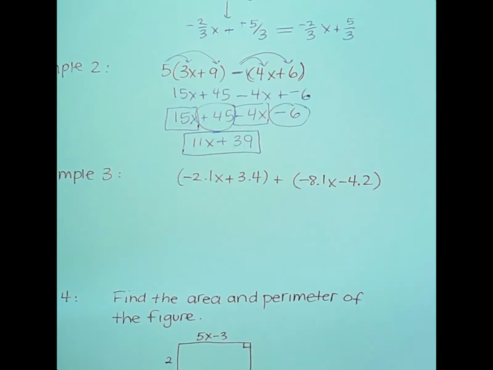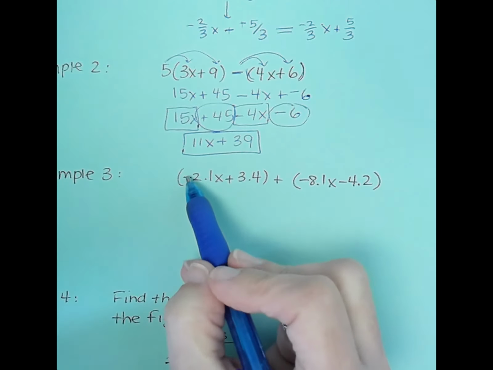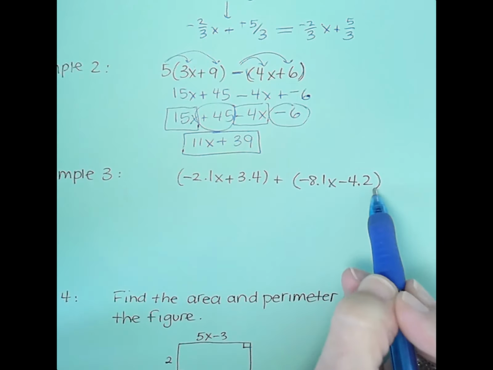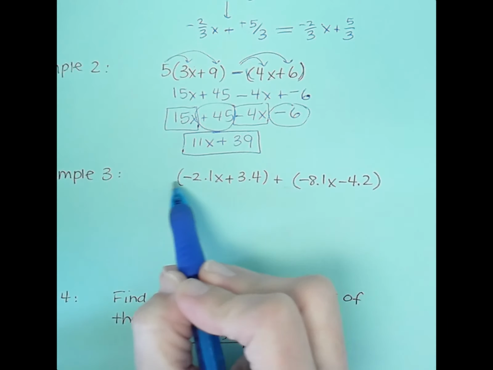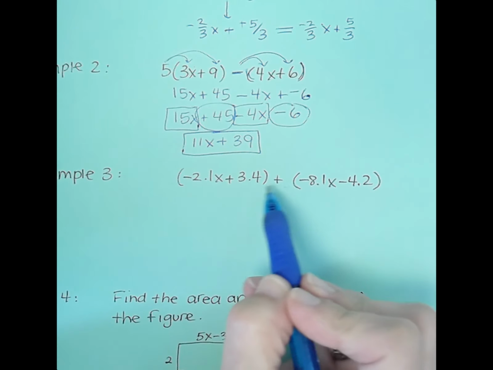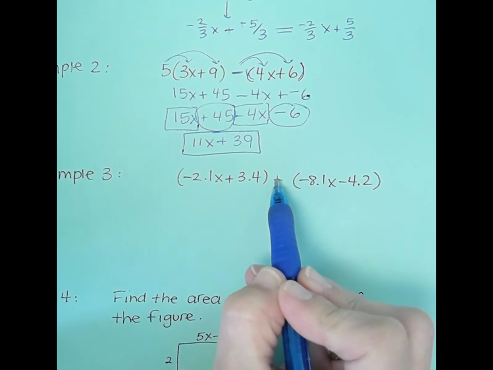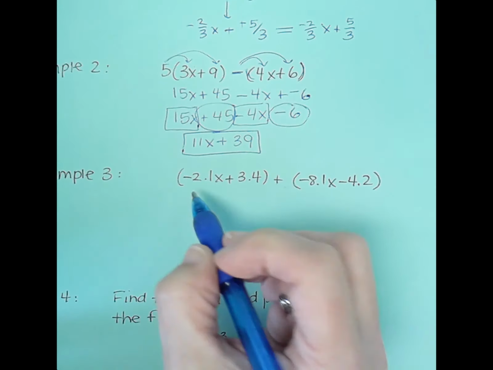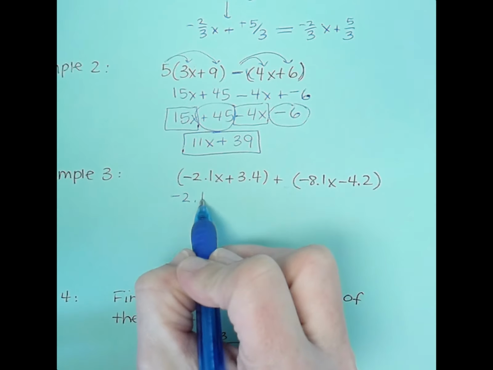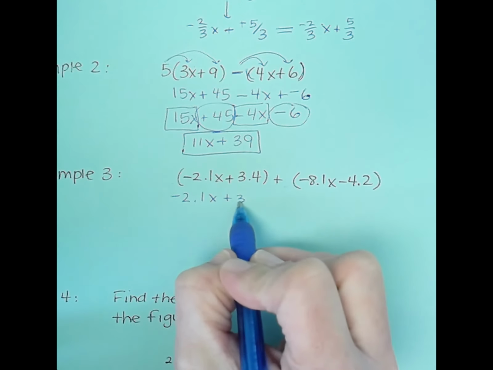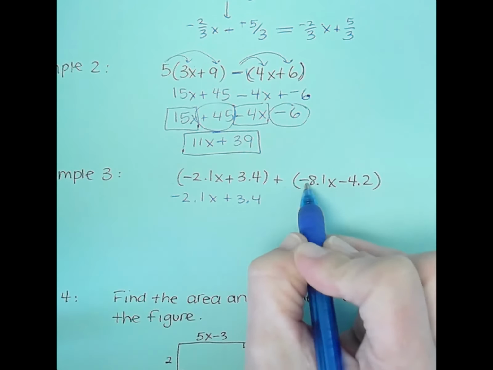Okay, let's look at example 3. This one's a little confusing because you see the two sets of parentheses, but we don't have any number in front that we need to distribute. We're really just adding these two quantities together. So in a way, the parentheses really don't matter because we're just adding everything in here.